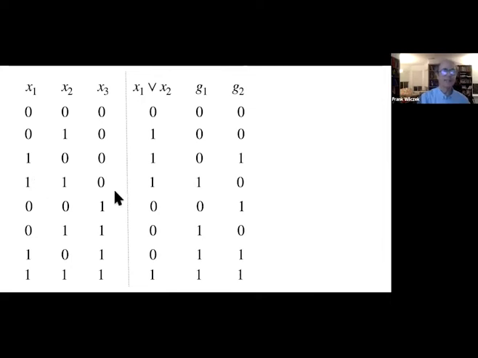And to do that, we needed to add two additional outputs. So in order to get a mapping so that every single input corresponds to a distinct output, we have to have equal numbers of inputs and outputs. So we need a third input, that's x3.